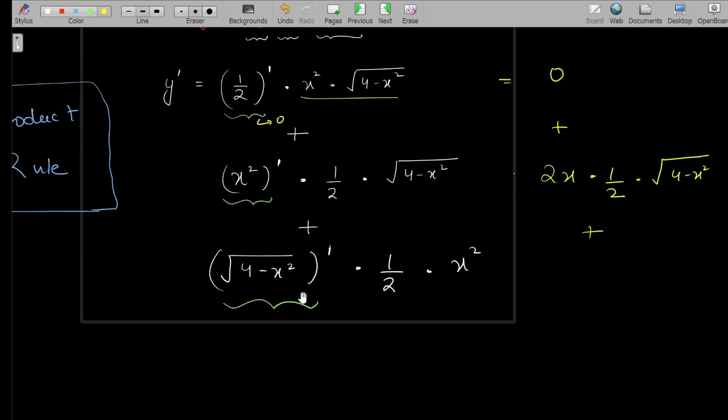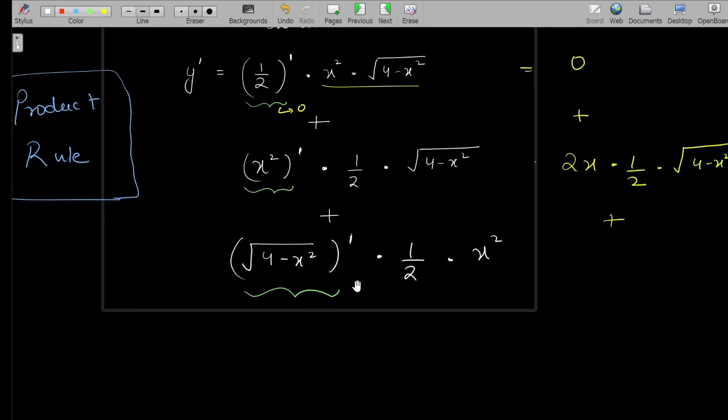Now come to the third term. Now here you'll have to apply the chain rule. When you have to find the derivative of square root of 4 minus x square, we apply the chain rule. Okay, so just how we did the previous question, this is a composition of functions, Anika.